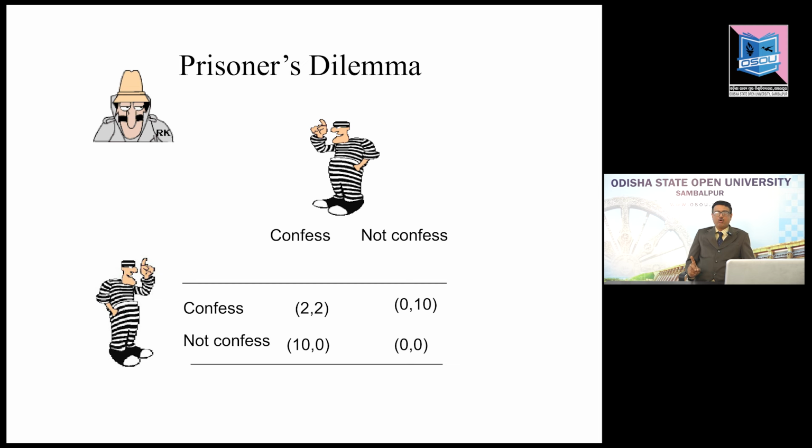So, they would always be skeptical about their friend, with whom they cannot communicate: if he adopts strategy 1, that is confess, and you are not confessing, you would end up with 10 years of imprisonment, which you would like to avoid. So in such situations, the suspect will also tend to confess.